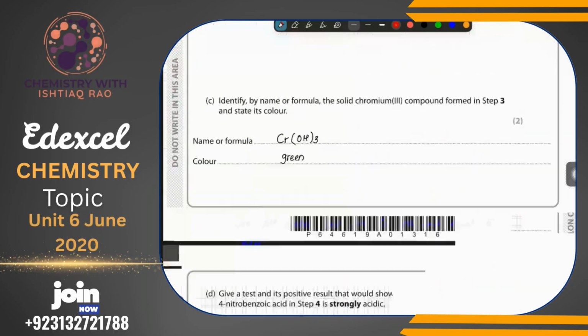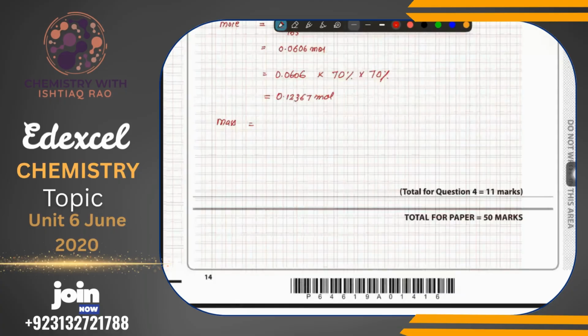It's 167, times this one. So that is the answer: 20.65 grams.